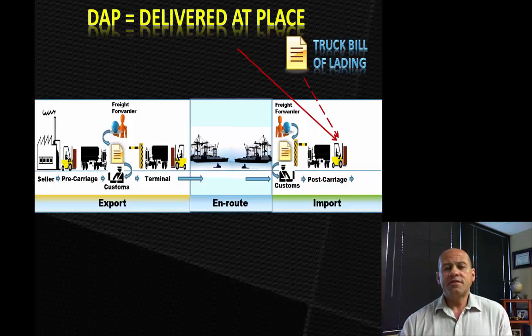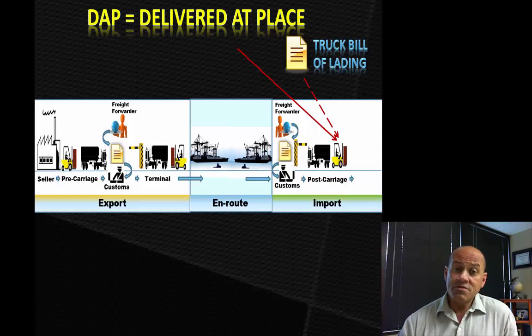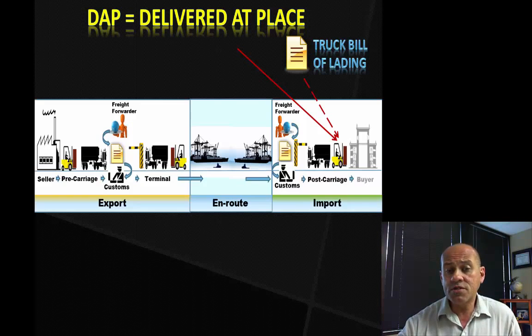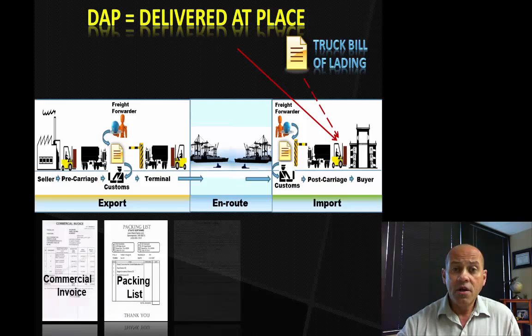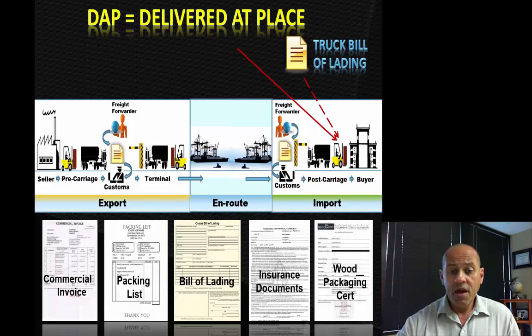Now, the one thing that the seller is not covering in this scenario is the customs clearance of the goods and the payment of duty. So that is up to the buyer. So basically, this represents a door-to-door delivery to the buyer, with the exception of the customs clearance.